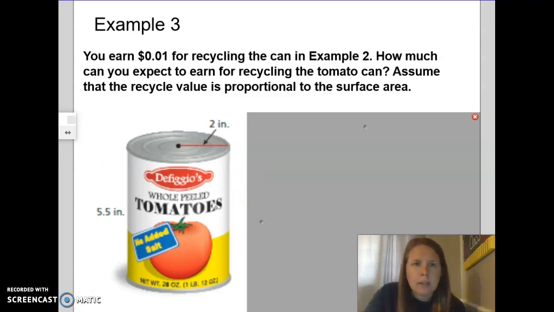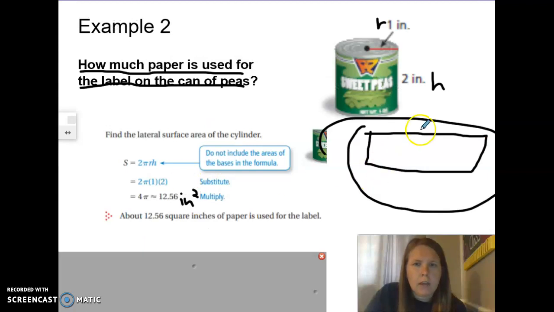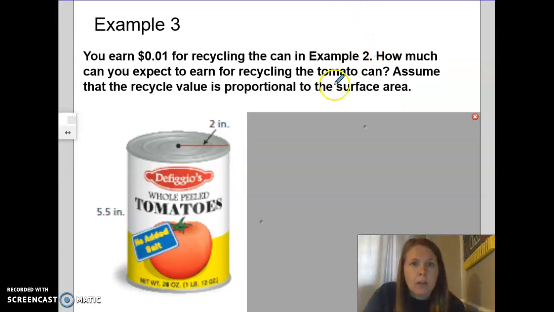So what they're asking is that this shape gave me 1 penny for recycling, based on its surface area, more than likely. How much can you expect to earn for recycling the tomato can?